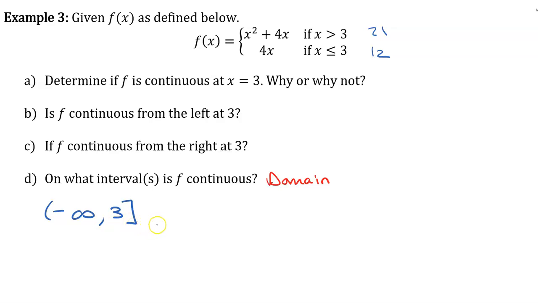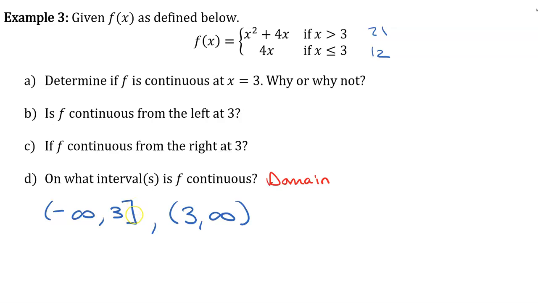It is continuous on 3, but then it skips. So then we restart on the other side of 3, and we have this together. So that would be a comma in between. So do be careful. You will need a comma, not a union, to have these.